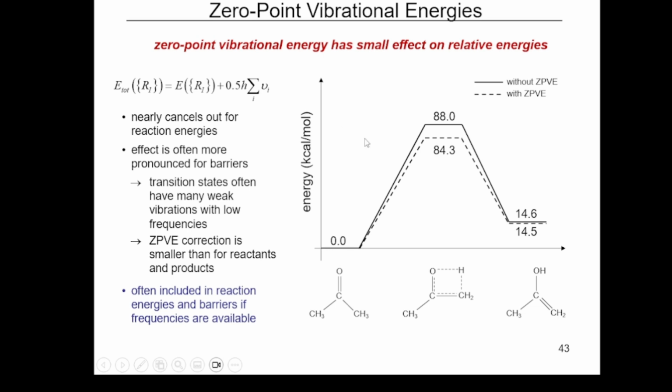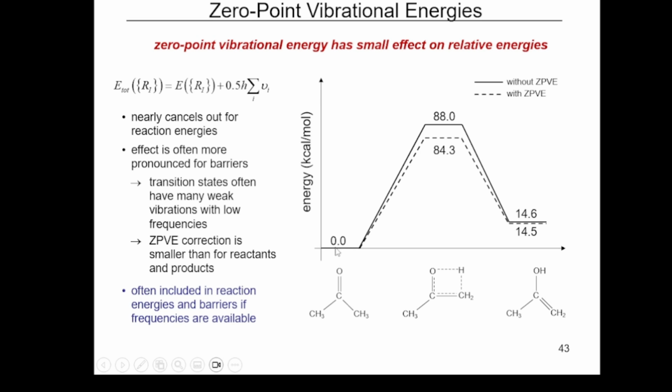It has less effect on the energy of reactants and products, or in other words, on the energy of minima, but it has an impact on the activation energies. For example, if you compare the keto-enol tautomerization, you're starting from the keto form here, going through a transition state where a hydrogen from this CH3 is moving to this oxygen through a four-membered transition state, and converting into the enolic form.